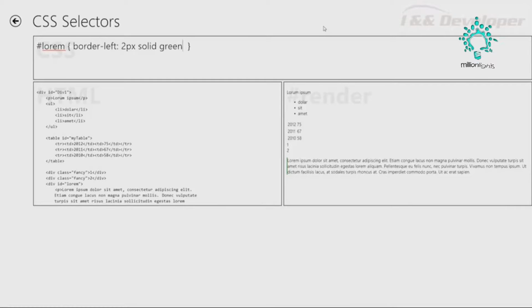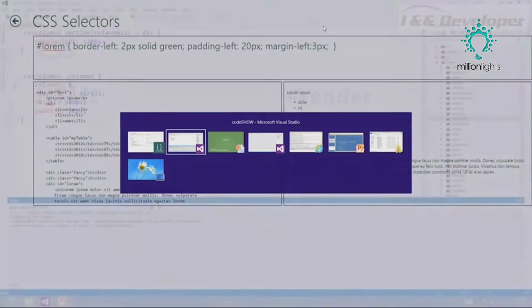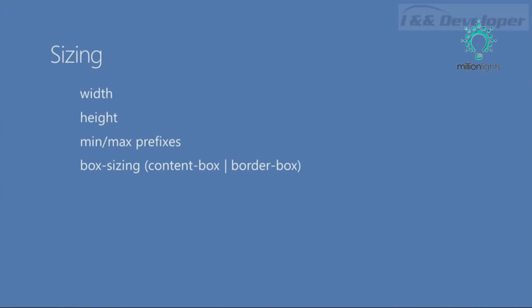And if I wanted a little bit of padding to separate that from the contents, but I didn't want that padding to affect all the way around my box, I could use padding left of 20 pixels. And now I've got a little bit of space between my border and my line. And if I wanted a little bit of margin left of that, I could use margin left and just say I want 3 pixels there. Okay? Cool. So I've got a lot of control over all my spacing by doing it that way.